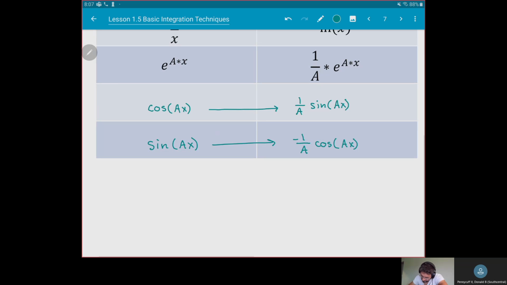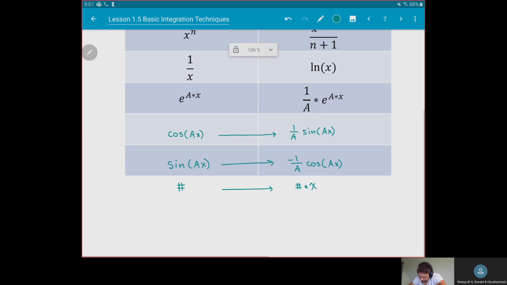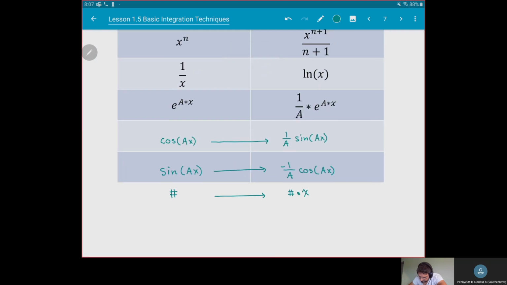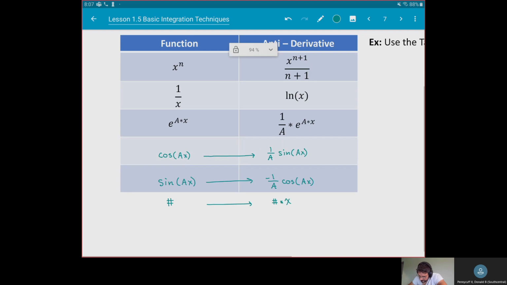And then there's a couple more. If all you have is a number, the integral of that number is going to be that number times x. Okay? That's a good one to have down.